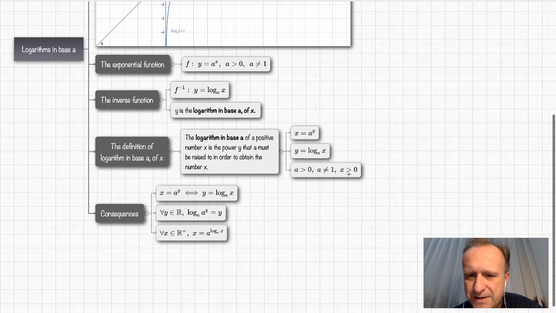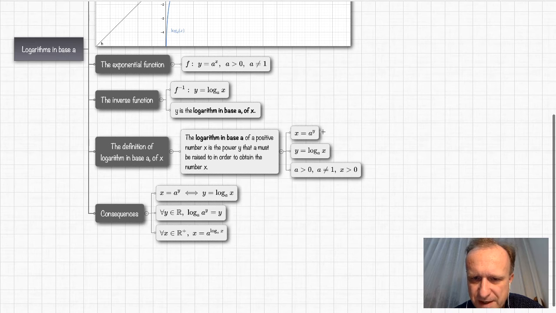And moreover, x has to be only positive, because we can take logarithms only from positive numbers, and the values of exponential functions have to be only positive. You cannot have a negative value or zero value of an exponential function. So these are the basic facts.